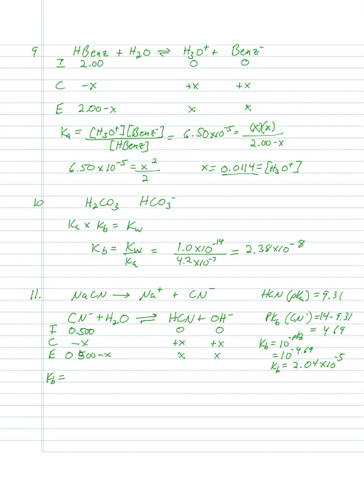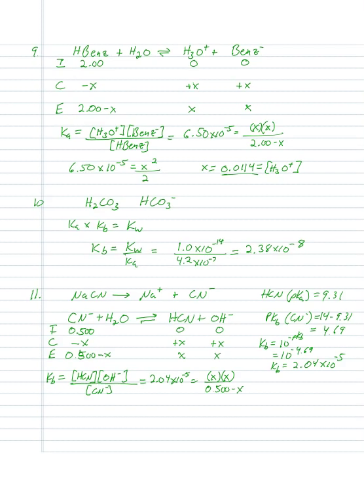So the Kb is going to be equal to the concentration of products over reactants for our equilibrium: concentration of HCN times concentration of OH minus over concentration of CN minus. That's going to be equal to 2.04 times 10 to the minus 5. So that's equal to X times X all over 0.5 minus X. And again, we've got that X on the bottom there.